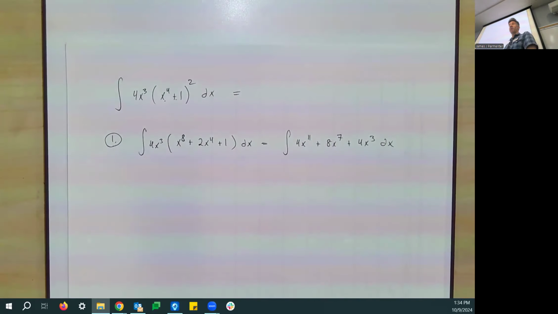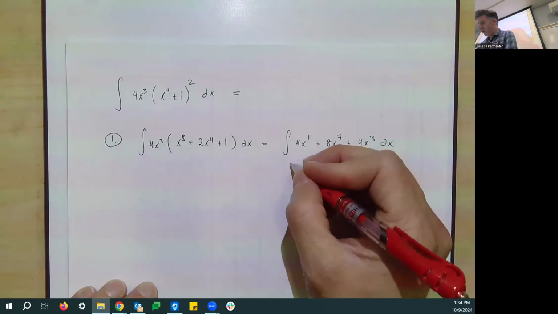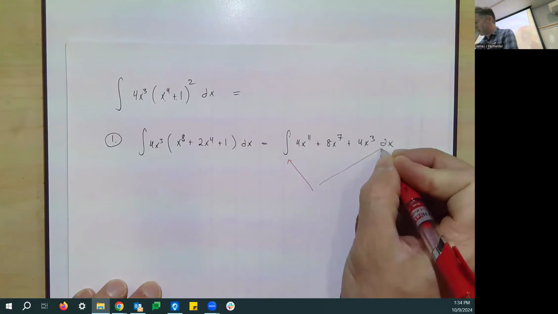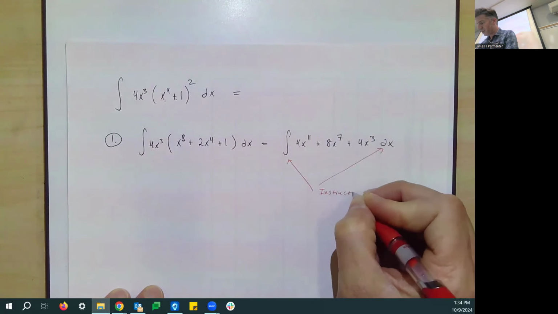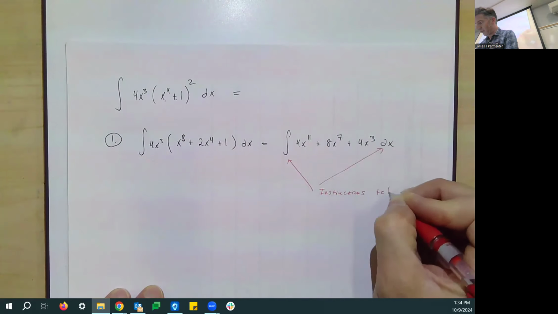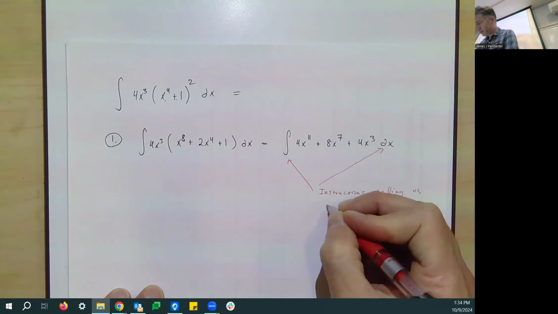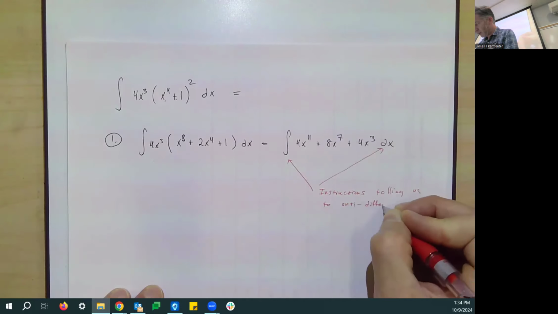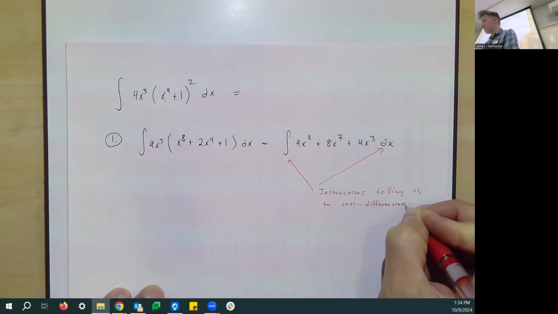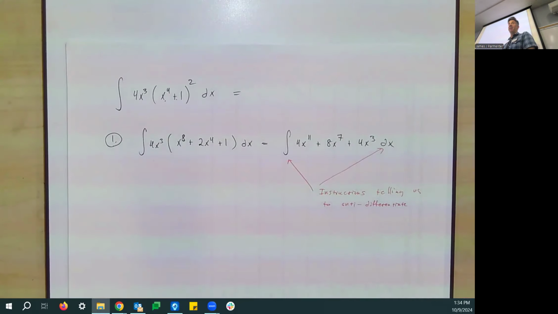I'm still writing the integral symbol and the dx because I haven't done any antidifferentiation yet. I still need the instructions telling me what to do if I haven't done the thing yet. All you should think of when you see these two things is that they are just instructions telling us to antidifferentiate. And the dx is telling us what variable we are antidifferentiating.